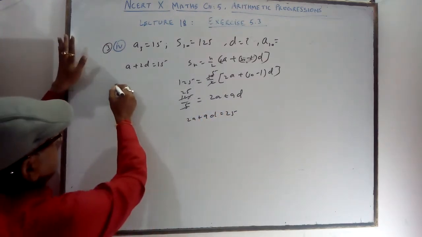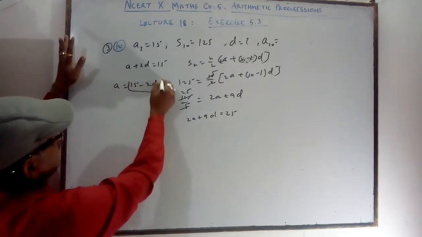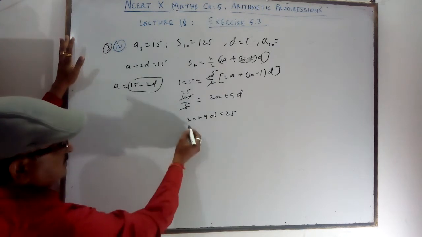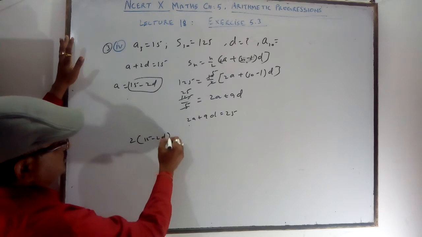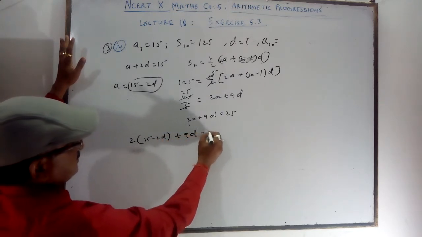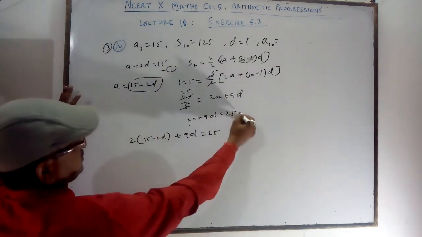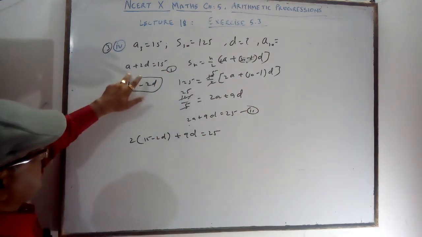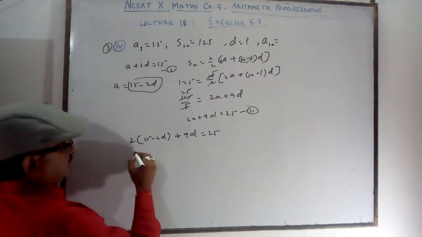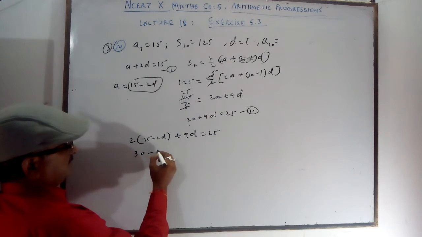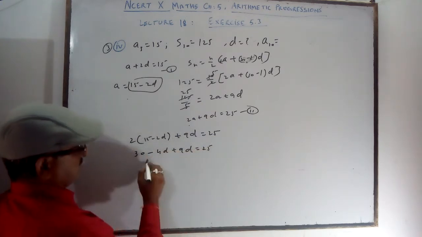From here, a is equal to 15 minus 2d. You put this in the equation. So you can write 2 into 15 minus 2d plus 9d is equal to 25. Put the value of a in equation 2. So 30 minus 4d plus 9d is equal to 25.